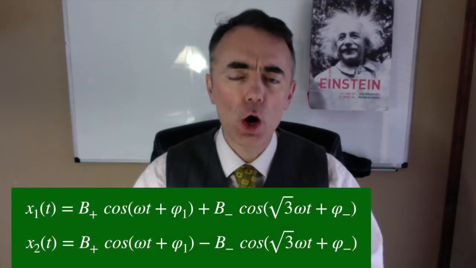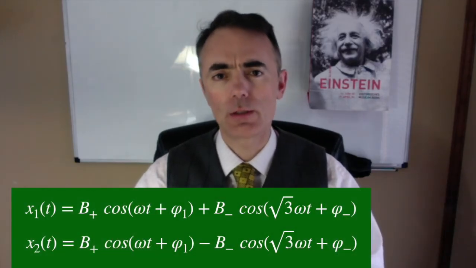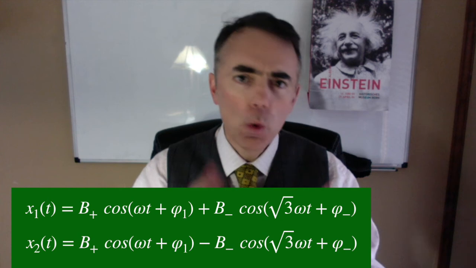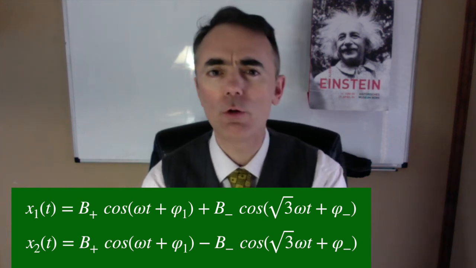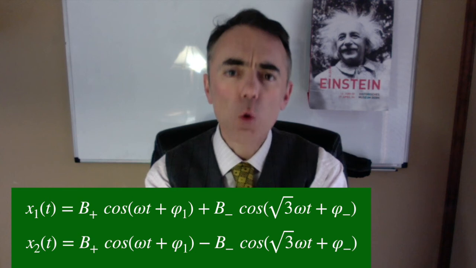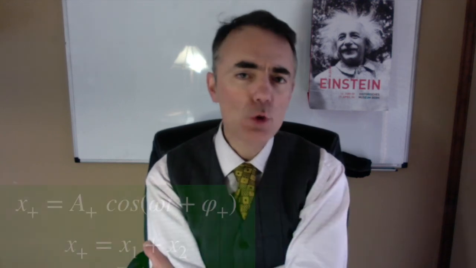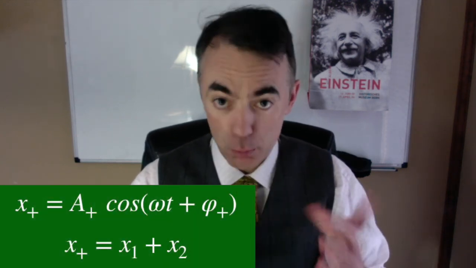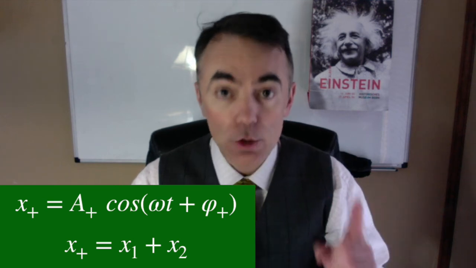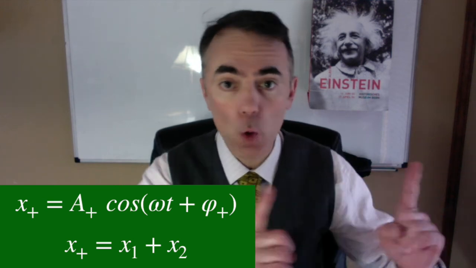These are a combination of two frequencies superimposed. We built x1 and x2 out of a linear combination of the normal variables, the normal modes. The first normal mode has frequency omega, and both particles' positions are added, so imagine the whole system oscillating at omega.